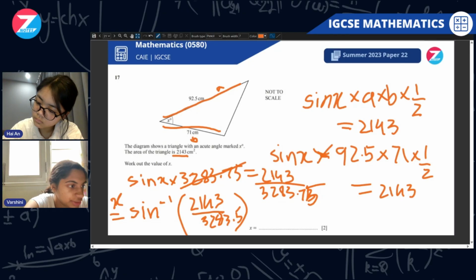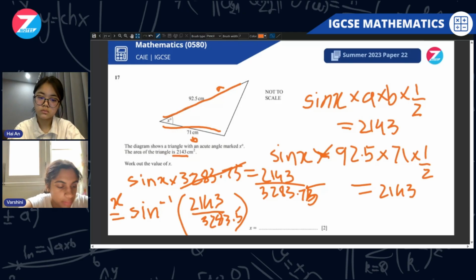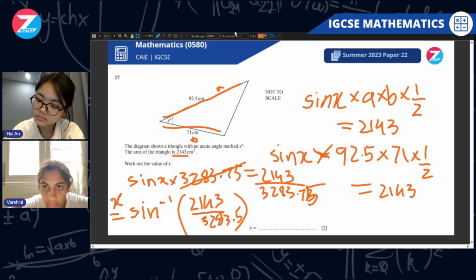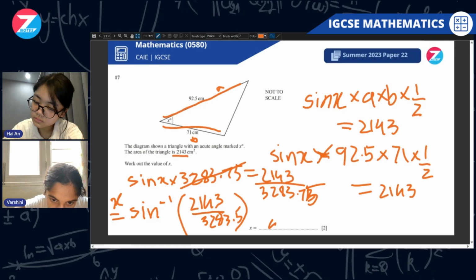If you put that in your calculator, you should get 40.7. So that is our value of x.